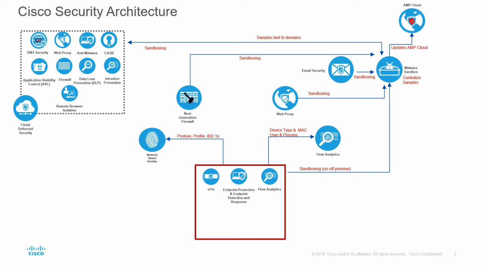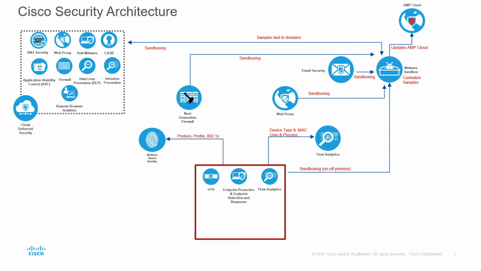Then you've got things like posture profiling and 802.1X. That's where your network-based identity and access control system is going to come in. And so there's a tight tie-in here with understanding the assets and whether or not you want to allow them on the network based on a certain level of comfort.